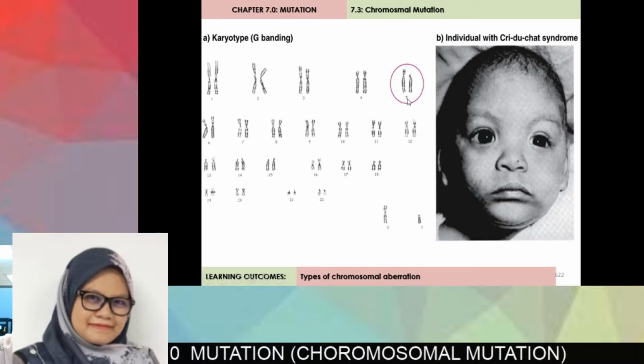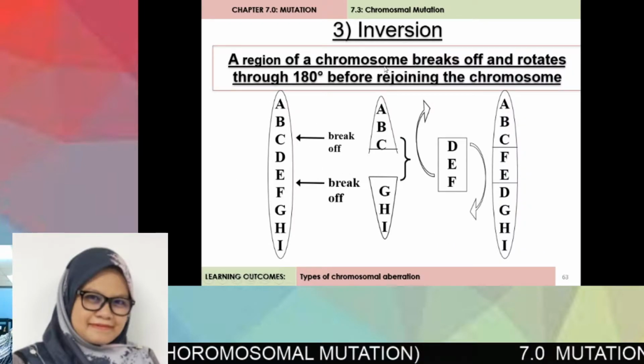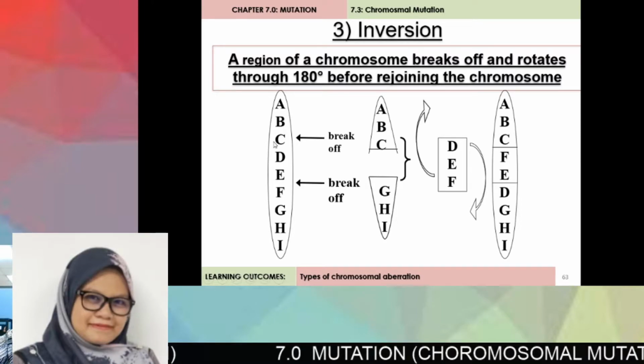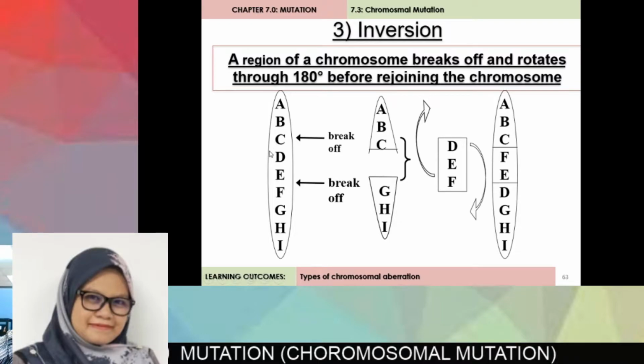Next is gene inversion. A region of the chromosome breaks off and rotates through 180 degrees before rejoining the chromosome. So this is the normal one, and then the segment D, E, F is broken, and it rotates 180 degrees.